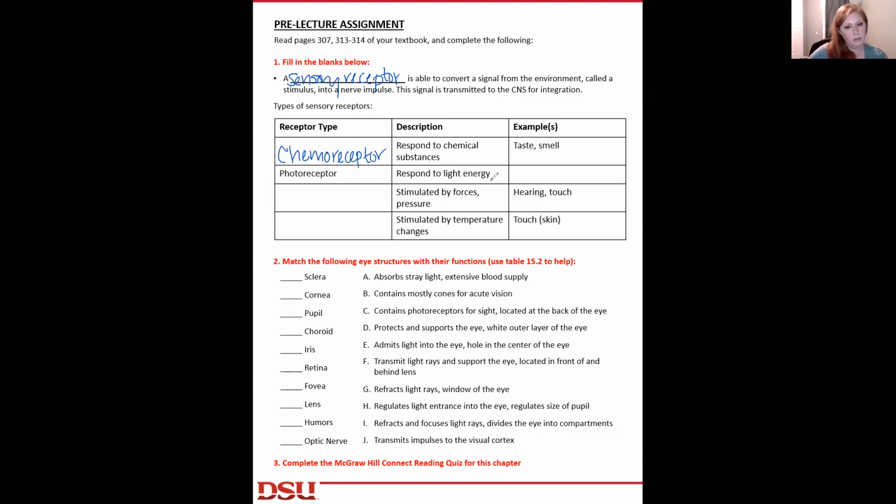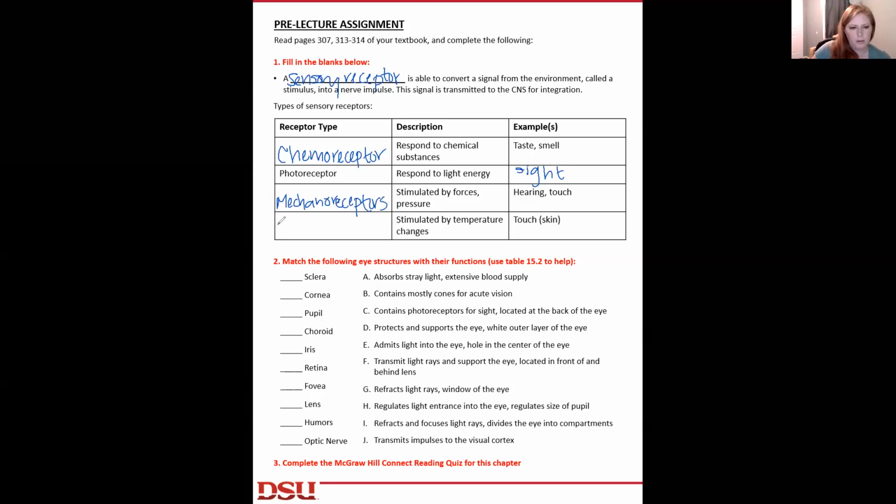We have photoreceptors, which respond to light energy, and this is going to be things like sight. Then we have mechanoreceptors, stimulated by forces and pressure: hearing, because of the sound waves when they hit the inner part of the ear, and also touch.